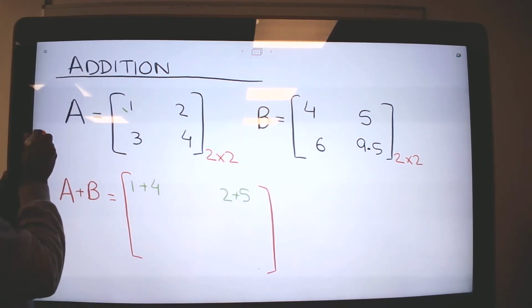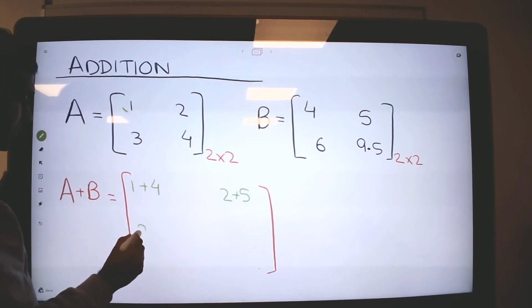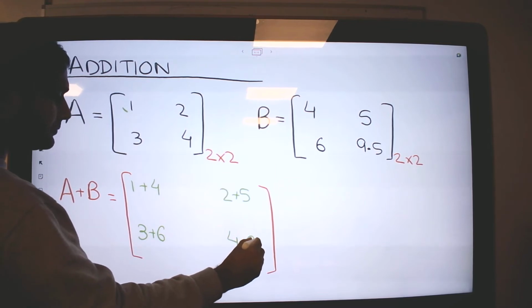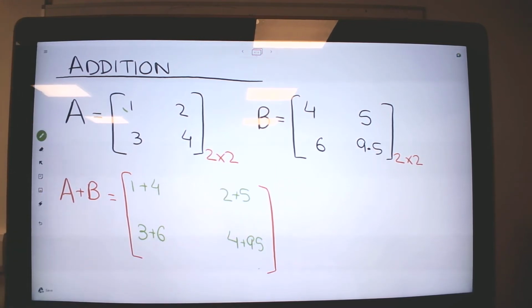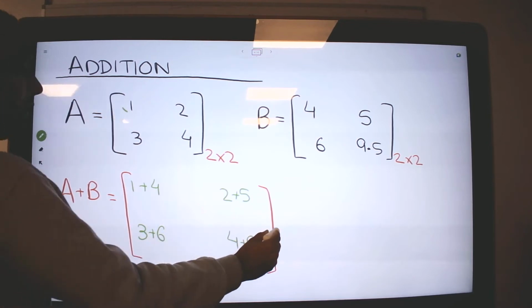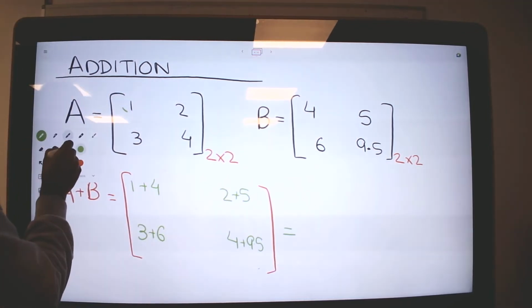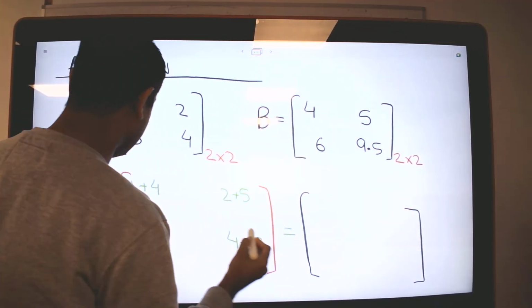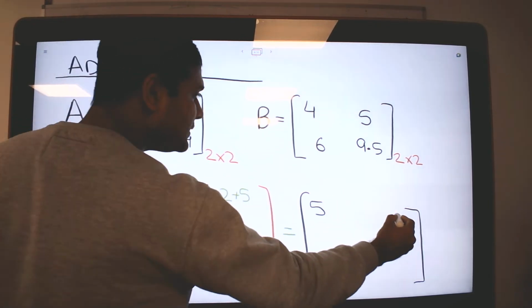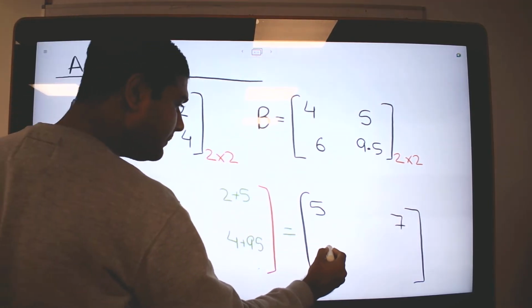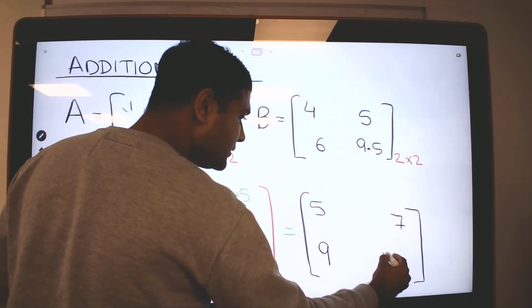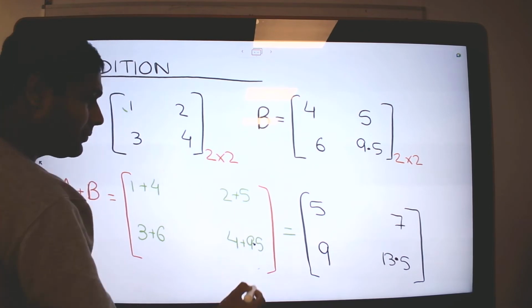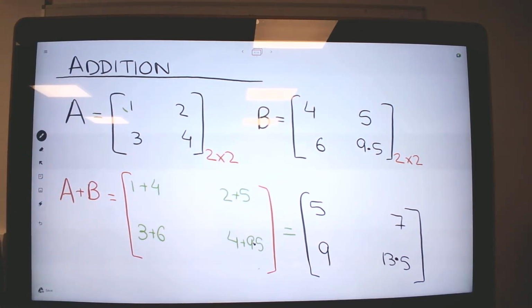Then 3 plus 6. And then 4 plus 9.5. Then you can write down the answer: 5, 7, 9, and 13.5. So that's A plus B.